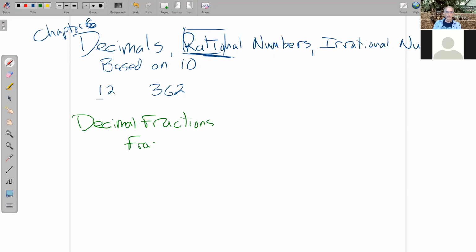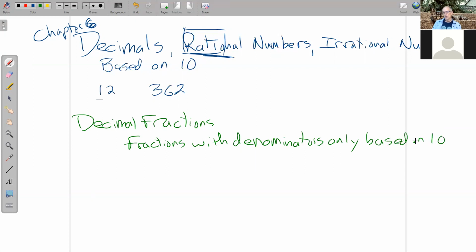So fractions with denominators only based on 10. And we're all very used to these decimal fractions that we've been playing with for a large portion of our lives. But when they were originally introduced a couple hundred years ago, they did not go over well.